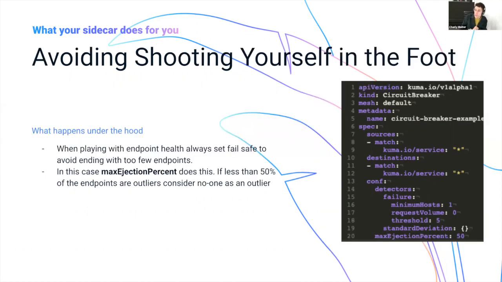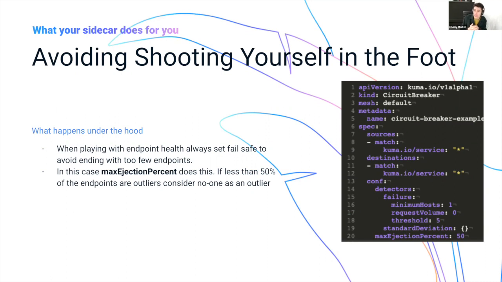What is great is that because we're leveraging Envoy, it already comes with a bunch of different ways to avoid shooting yourself in the foot. In this specific case, you can set a max ejection %, where if more than 50% of the instances are considered outliers, it will actually stop obeying the outlier detector.